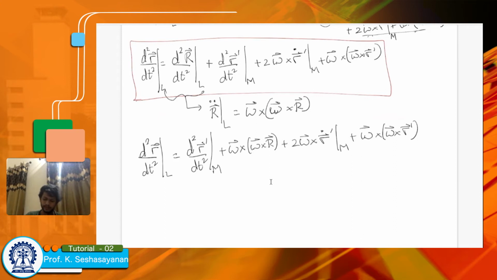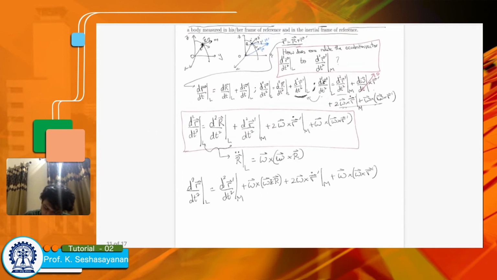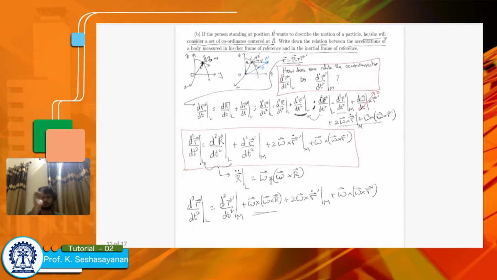We can see that this is exactly the same relation as what I wrote here, just with this extra term, because the R vector is actually accelerated. Because the two origins are shifted, there is a slight acceleration due to this distance vector which is rotating, and that is the extra term which comes.